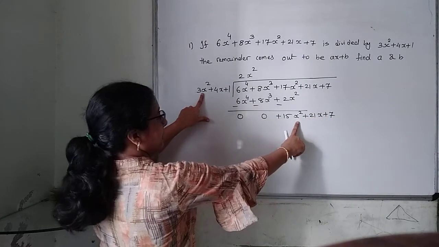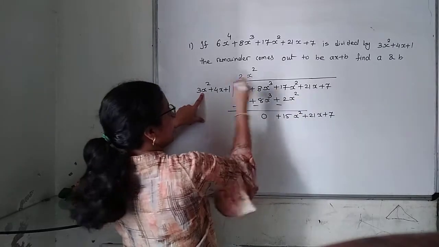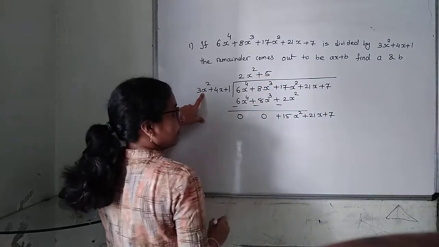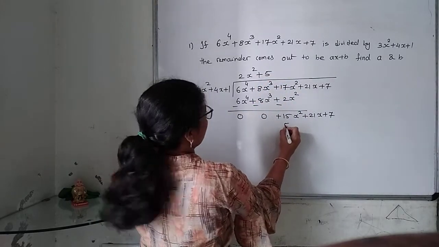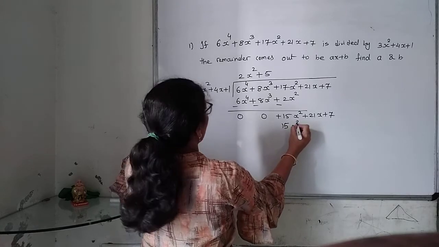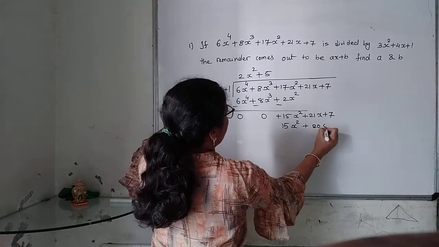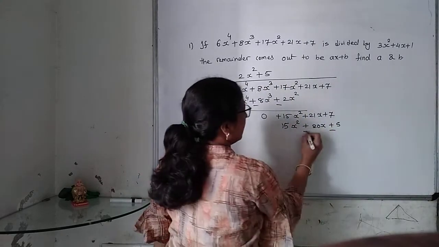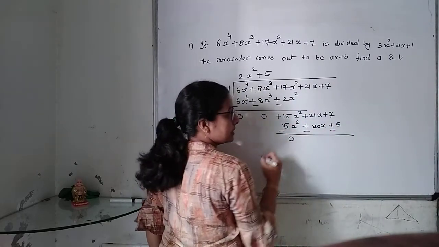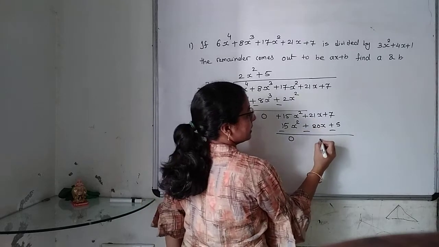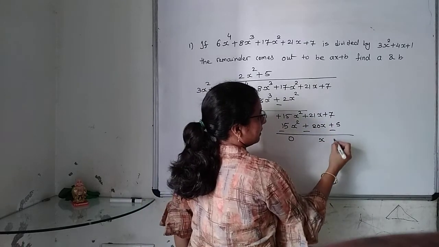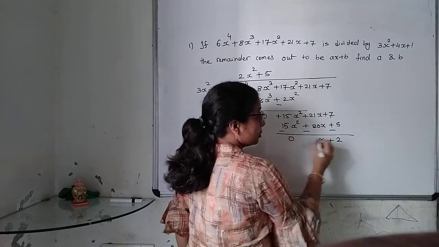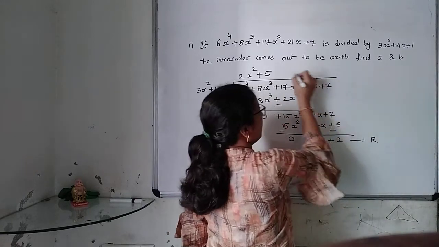Now you multiply by 5. 5 3s are 15x square plus 20x, 4 5s are 20, plus 5. Change signs and it becomes 0. 21 minus 20 is x, 7 minus 5 is 2. So this is our remainder.